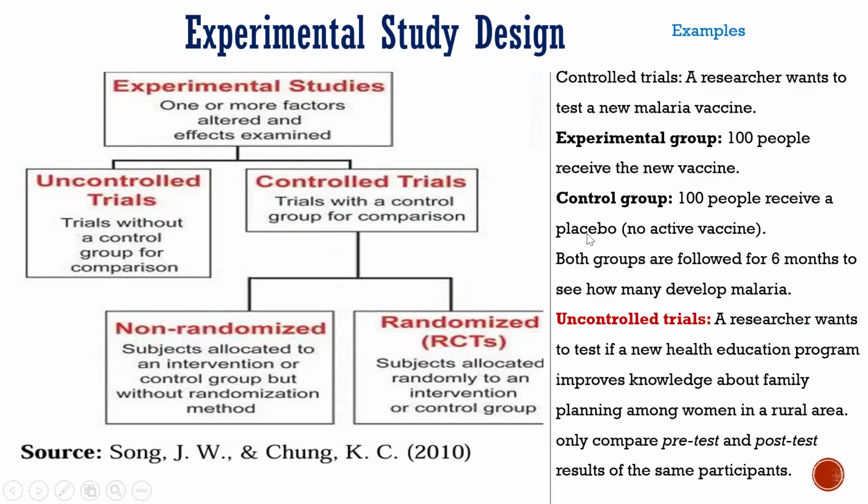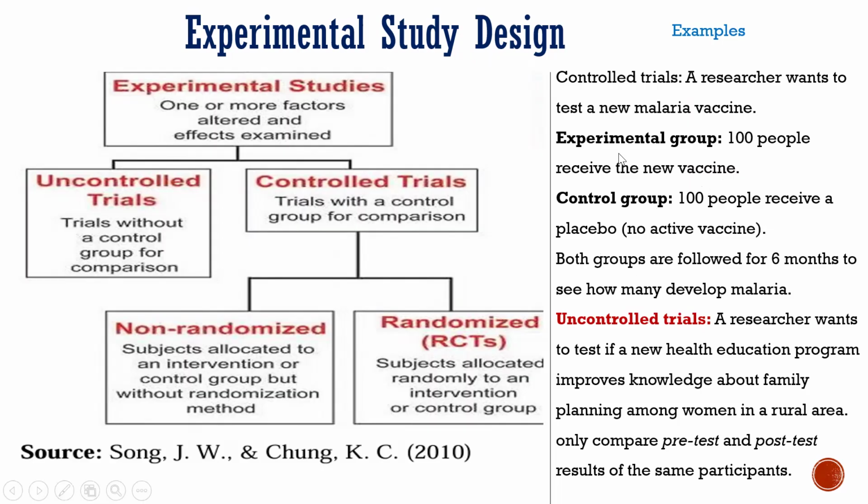A placebo is a non-active, non-therapeutic ingredient, but it's just as if you are receiving the vaccine. The control group receives a placebo, while the experimental group actually receives the new vaccine.